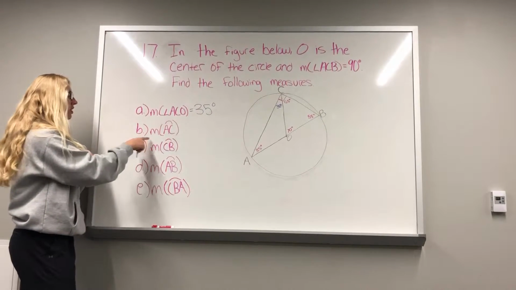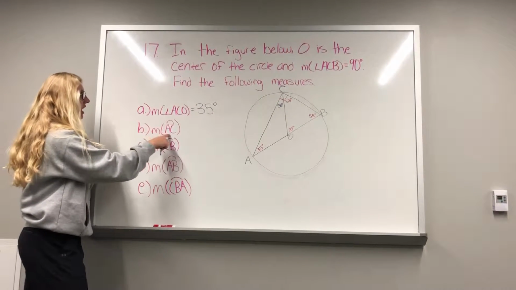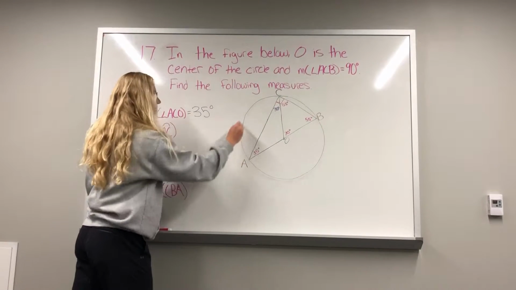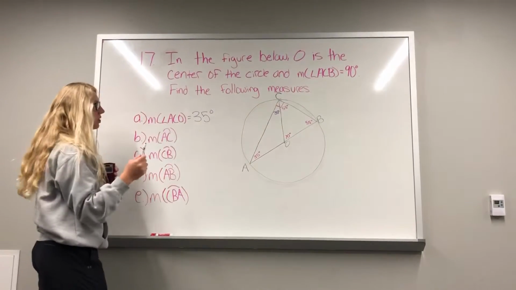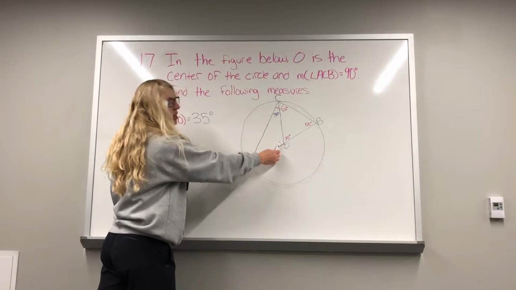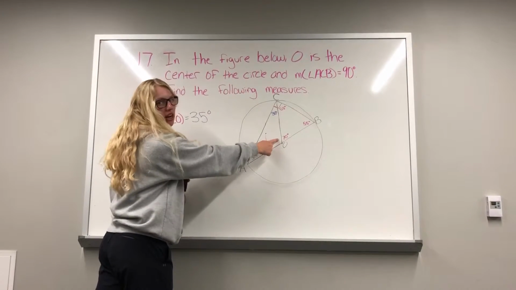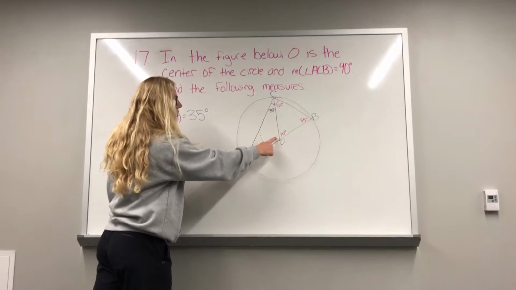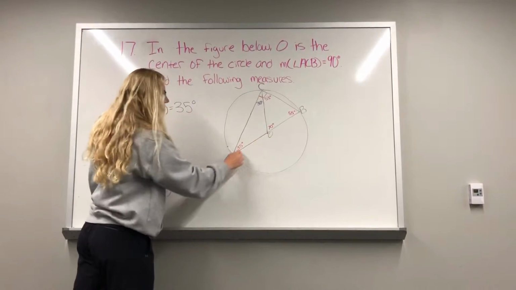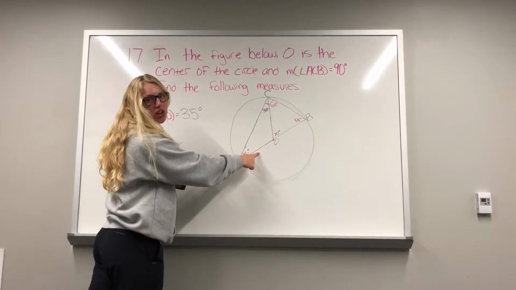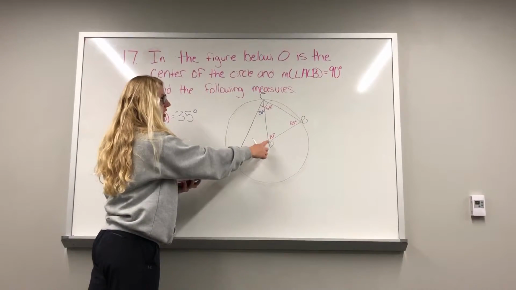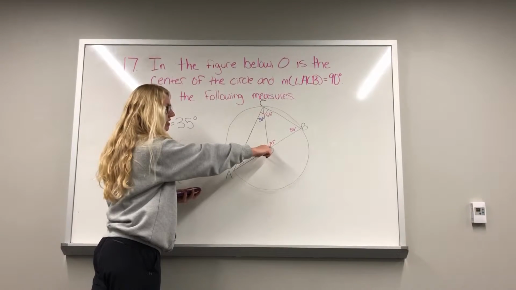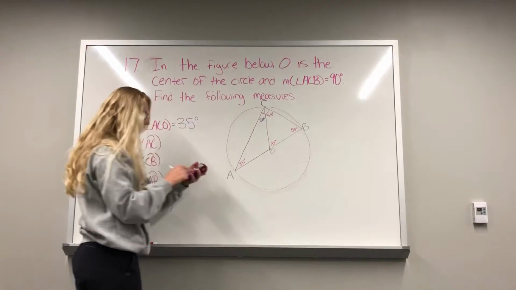Now for B, the measure of the arc AC, which is this right here, always equals the inside angle right here. Since we don't know that, we know this whole straight line equals 180 degrees, and in order to find it, you take 180 minus 70, since that's its supplement.